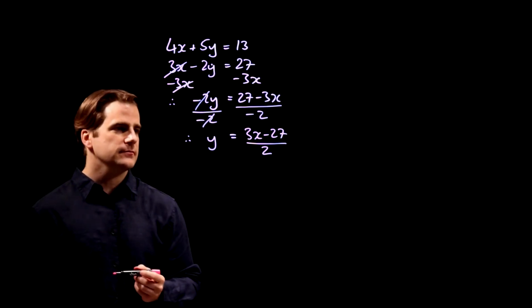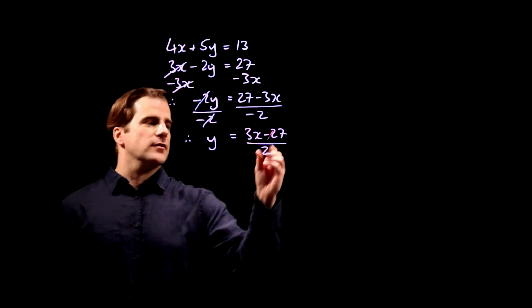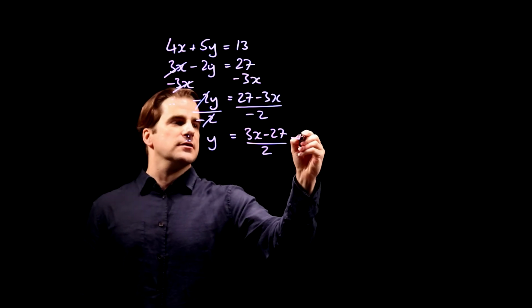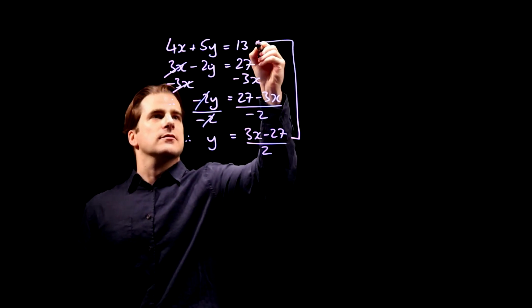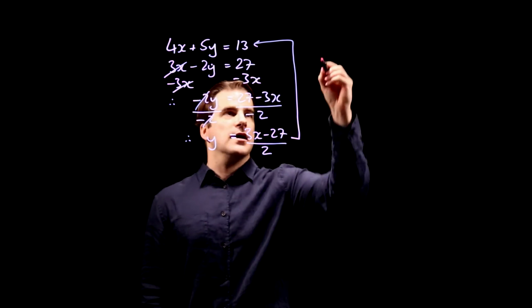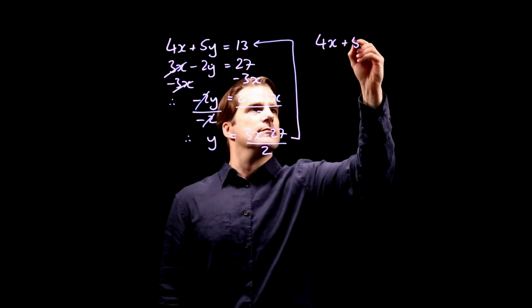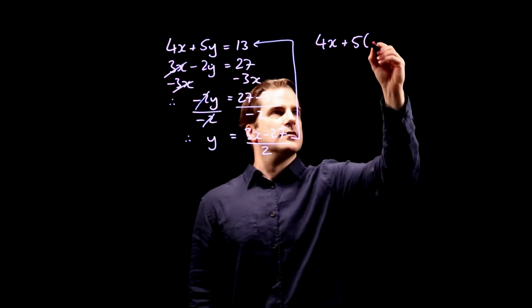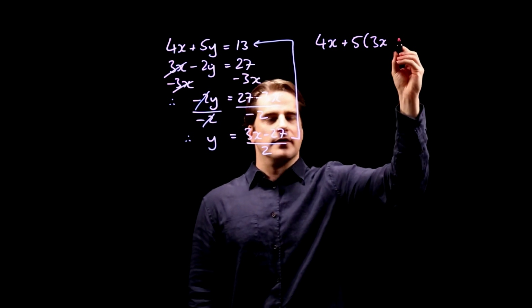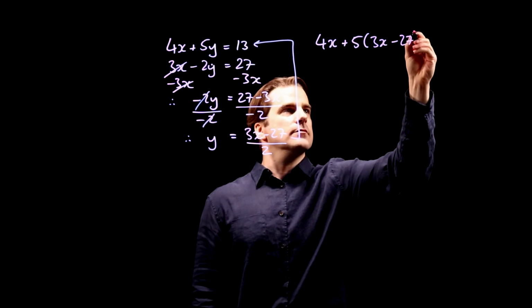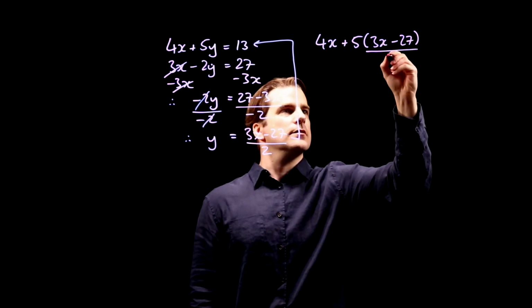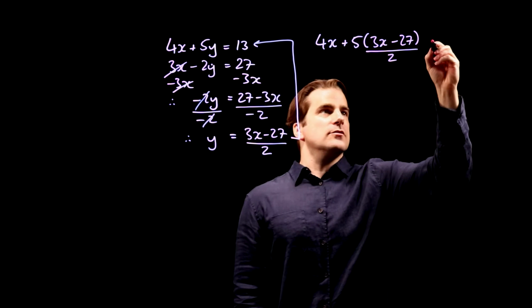Okay, so now you've got y. You've got to sub that back into the other equation, into this one. And we get 4x plus 5y. And y is (3x minus 27) over 2 equals 13.